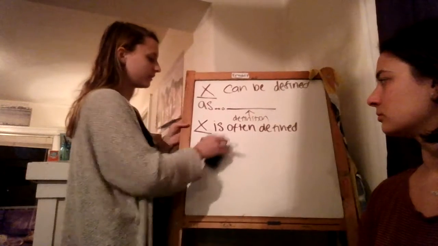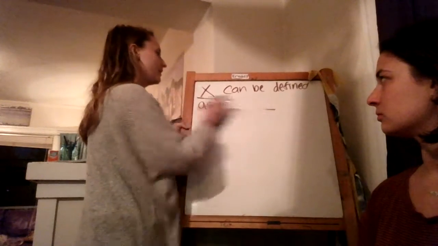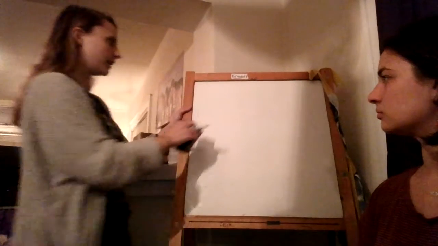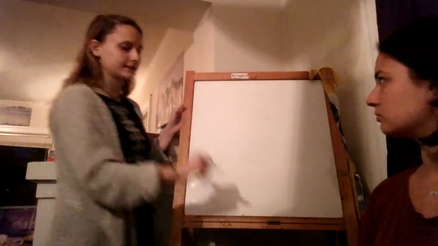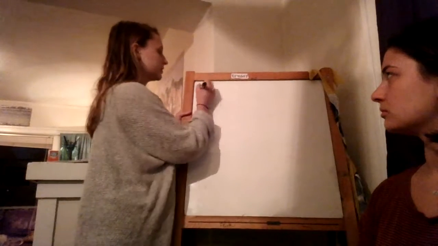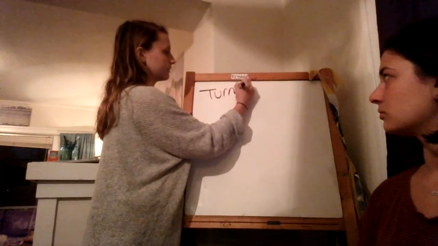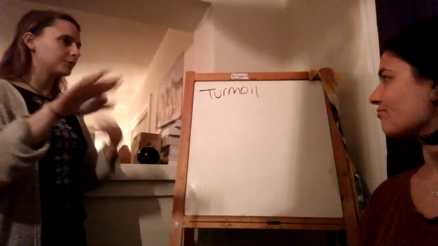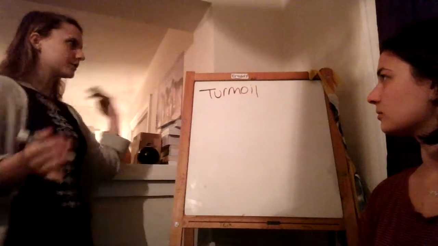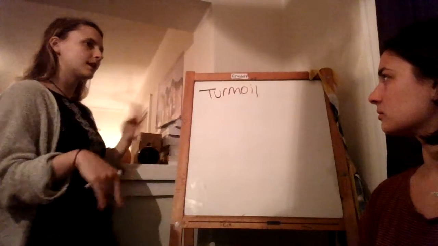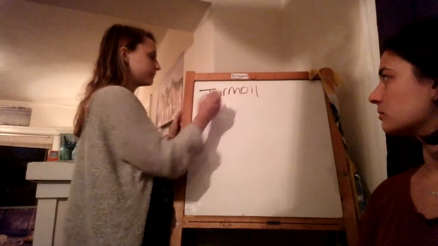Okay, so before we move on to our activity, we're going to do a quick practice as a class with one of the words from your readings, which is turmoil. And to help you remember what this word means, you also have handouts that have pictures that relate to this word.